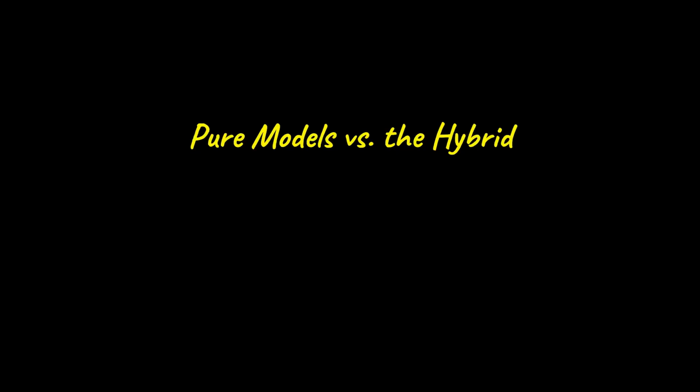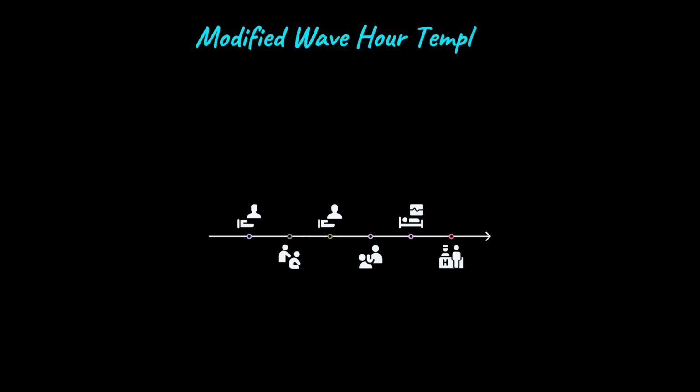Pure stream schedules one patient per fixed interval, which cascades into delays when a visit runs long. Pure wave stacks multiple patients at once, absorbing variability but creating a chaotic waiting room burst. Modified wave splits the difference between the two.